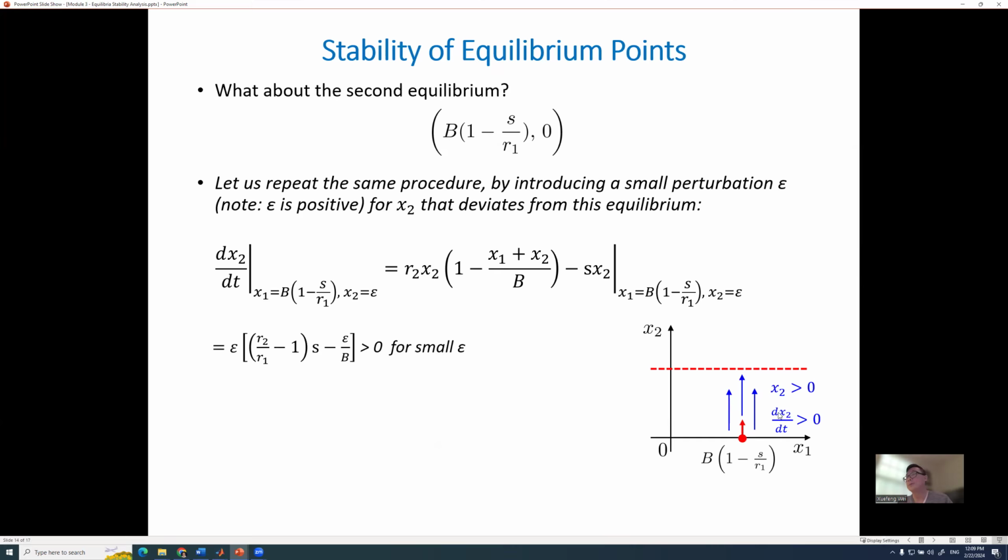Because x2 represents the density of the cancer cells, as long as you introduce a little bit of cancer cells, it will grow. The cancer cells will not just die out right away, but will deviate away from that equilibrium point.